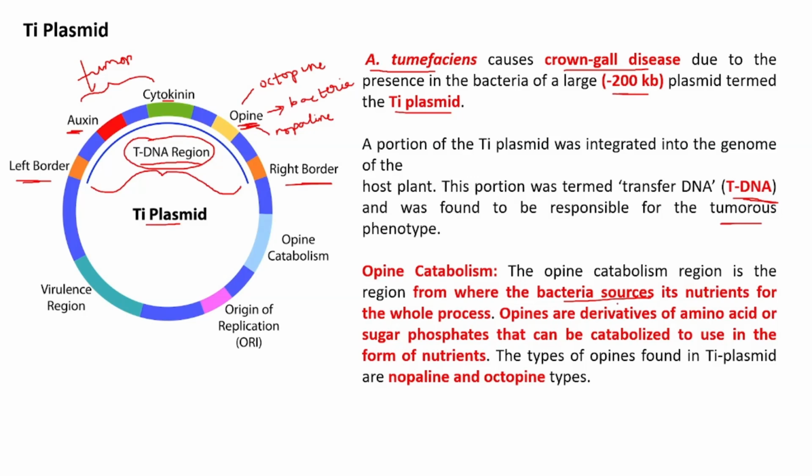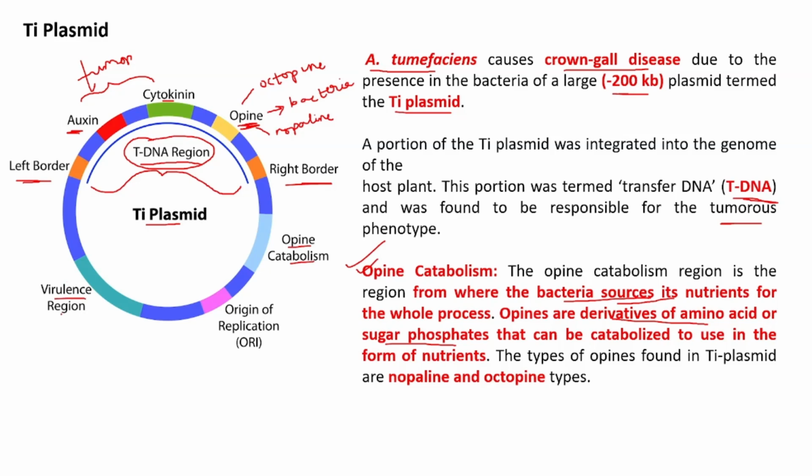So these opine catabolism genes are the bacterial sources of nutrients, and they are derivatives of amino acids or sugar phosphates. This point is very important. First, from the opine synthesizing genes you have the opines produced, either octopine or nopaline, and then the catabolism genes break down the opines so that the bacteria can utilize them.